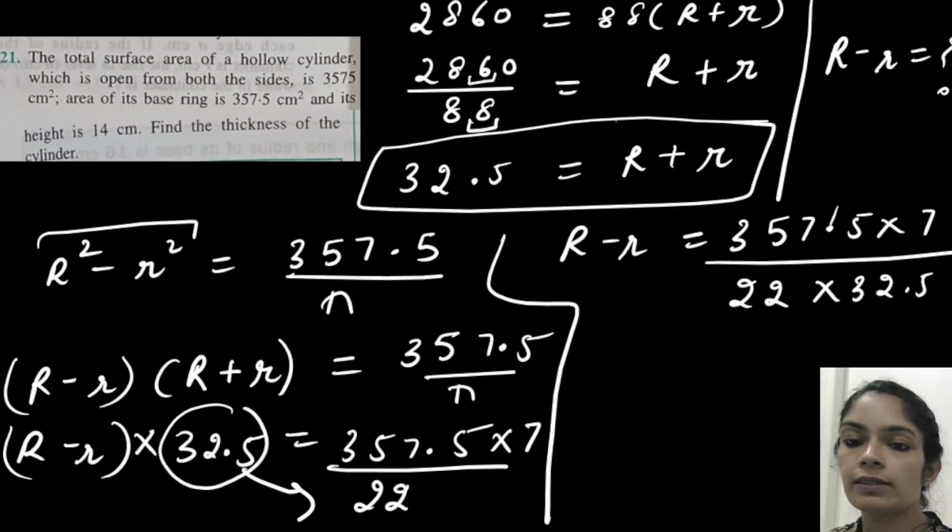We can remove this decimal, 10 will come here. So when we are removing the decimal from the denominator, the 0 will go to the numerator. When from the numerator, the 0 will go to the denominator. So opposite. If I am removing this decimal here, I will get 10. If I am removing this decimal at the numerator, I will get 10. So 10 and 10 get cancelled.